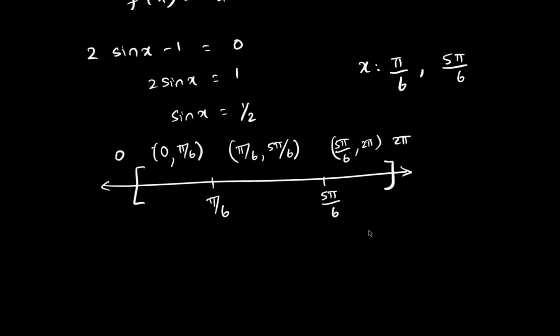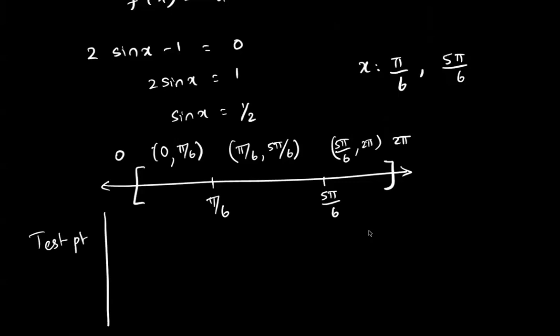Now what I'm going to do is take a test point in each of these intervals. So 0 to pi over 6. Well, that's pretty tricky, isn't it, to find a unit circle value. But okay, I can take anything I want.